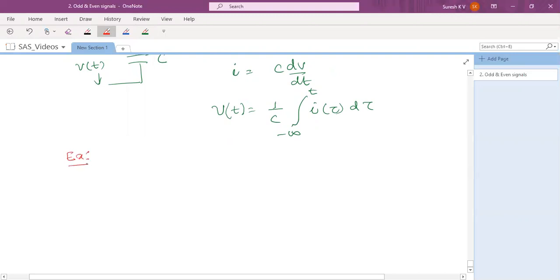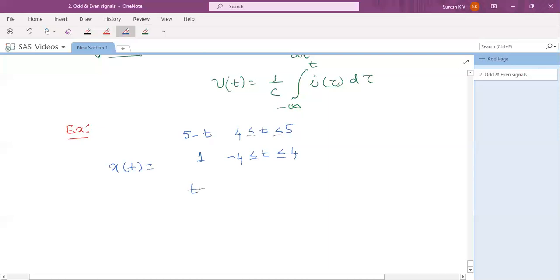Let us now consider an example of differentiation. If the given signal x of t is 5 minus t for t between 4 and 5, it is equal to 1 for t between minus 4 and plus 4.